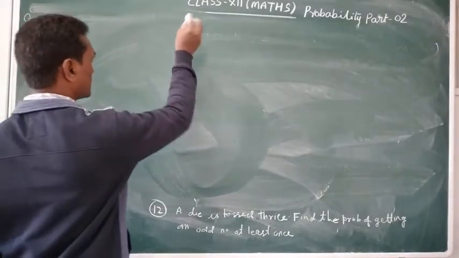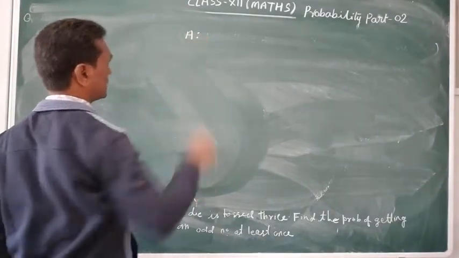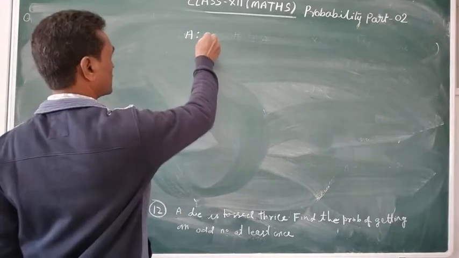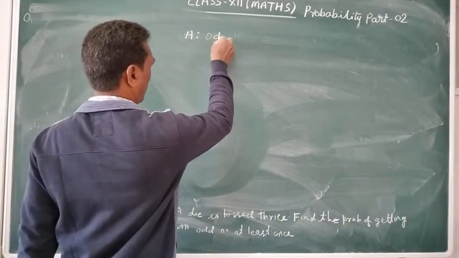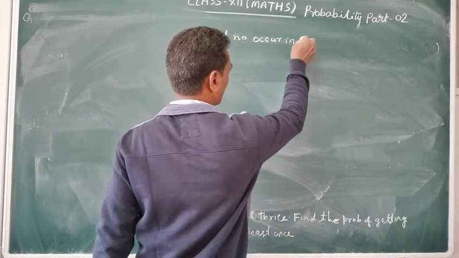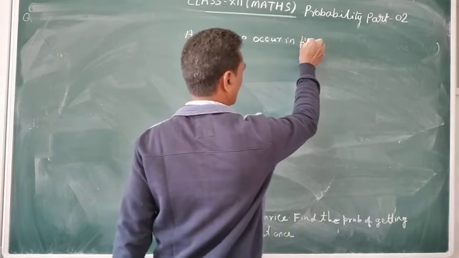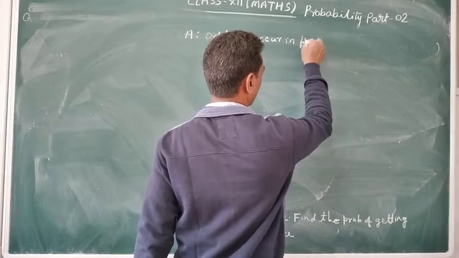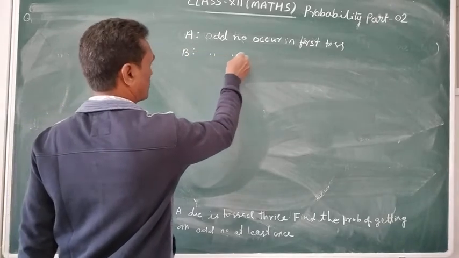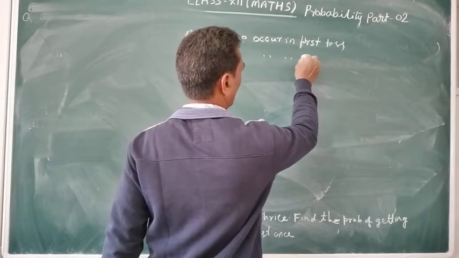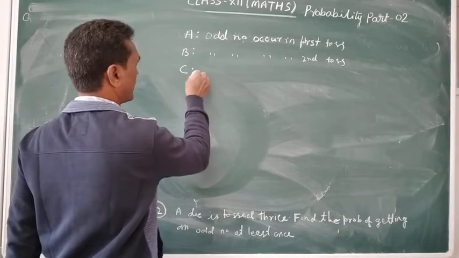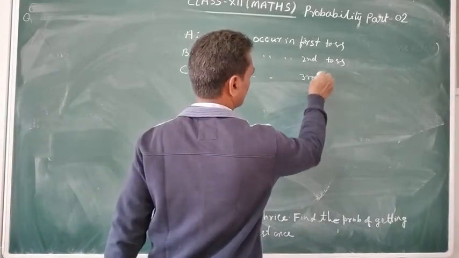So here you can define some events. A is the event odd number occurs in first toss, B is odd number occurs in second toss, C is odd number occurs in third toss.